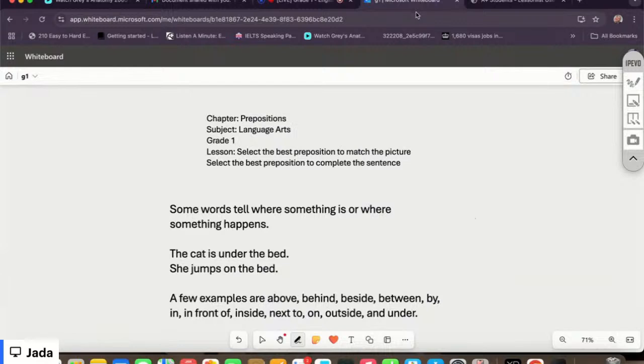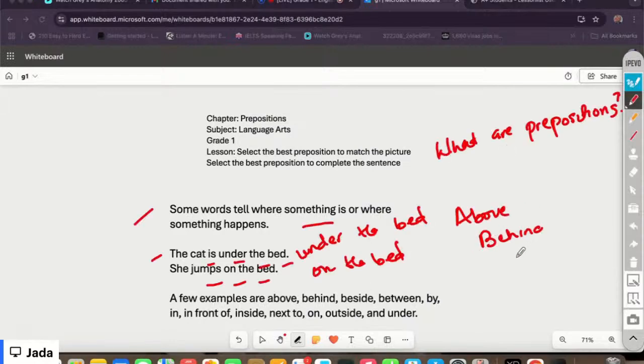Okay, so we are having prepositions. That's our lesson for today. So we have the examples of the prepositions here.